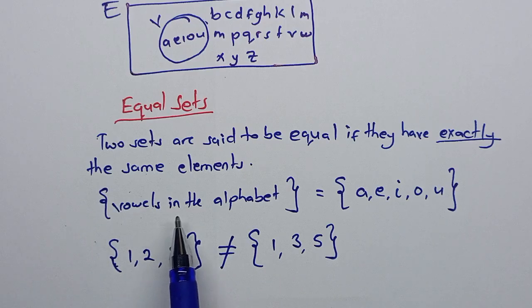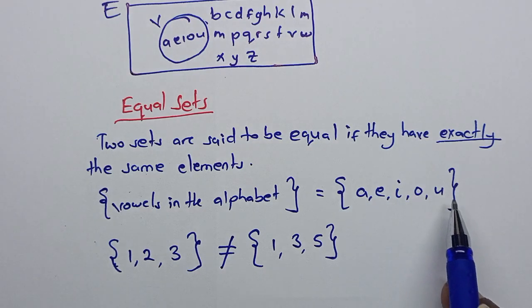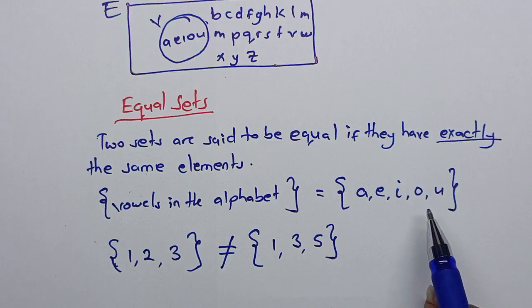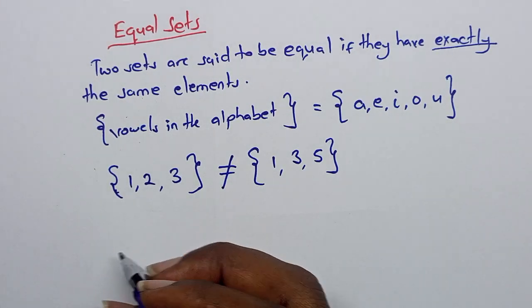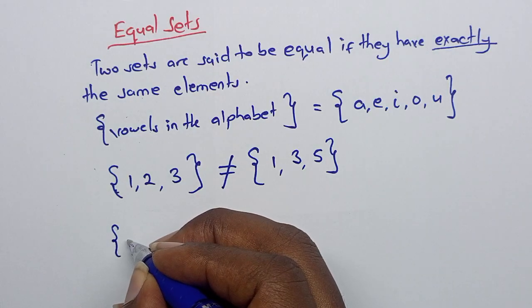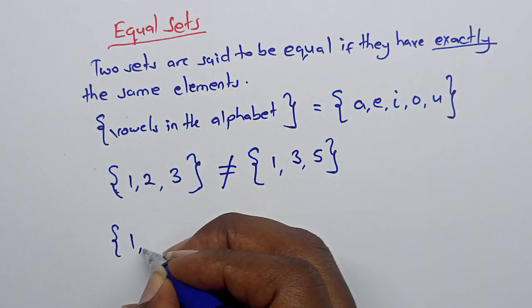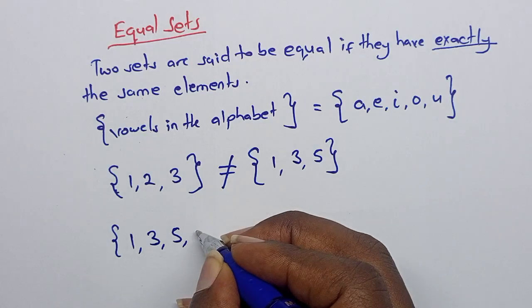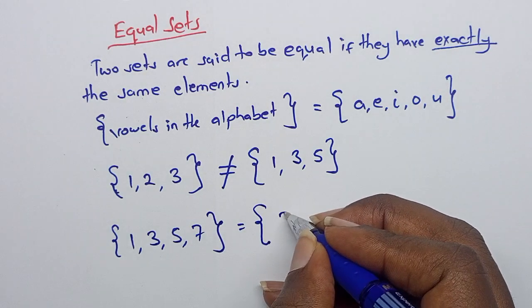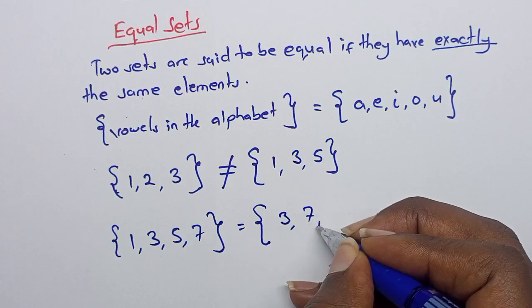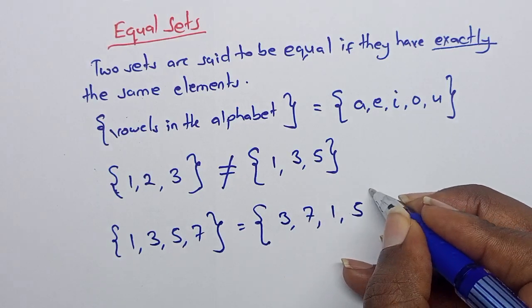This is a set of vowels of the alphabet, and this is also a set of vowels of the alphabet. Now you must note that the order in which elements are written does not matter. For example, if you say 1, 3, 5, 7, this is equal to 3, 7, 1, 5.